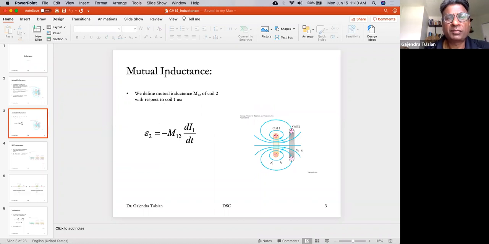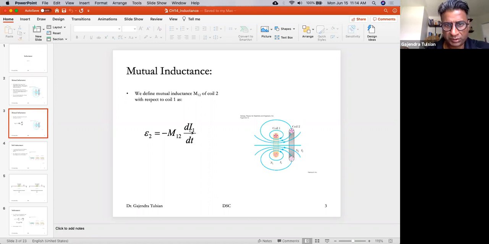So here's how we define mutual inductance. What this equation is saying is the EMF induced in circuit 2 is equal to minus M12 dI1 by dt, where M stands for mutual inductance, M12, the mutual inductance between circuit 1 and 2, and dI1 by dt is the rate of change of current in circuit 1.